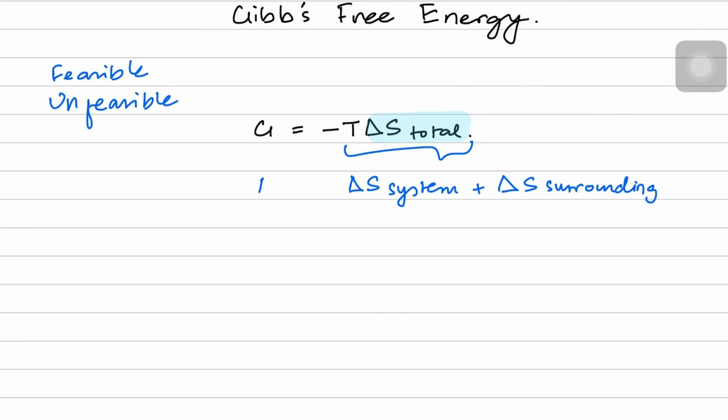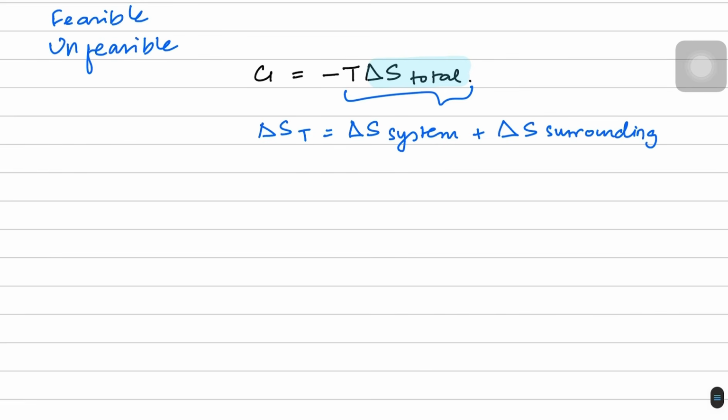Now we know what is the system entropy change, which is the entropy of products minus the entropy of reactants. But what do we mean by the entropy change of surrounding?